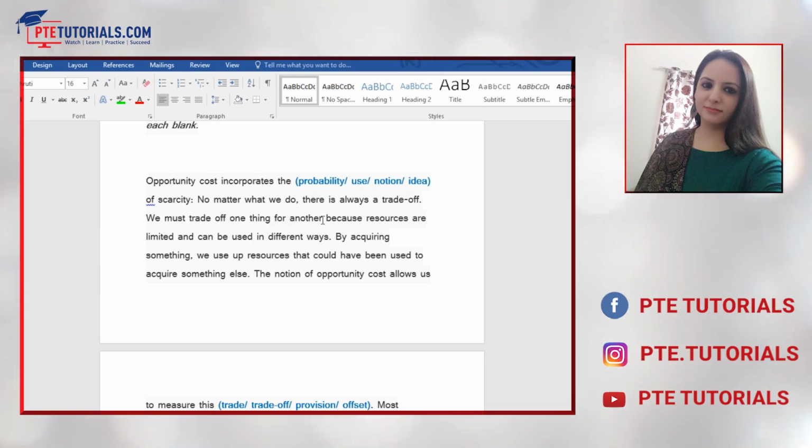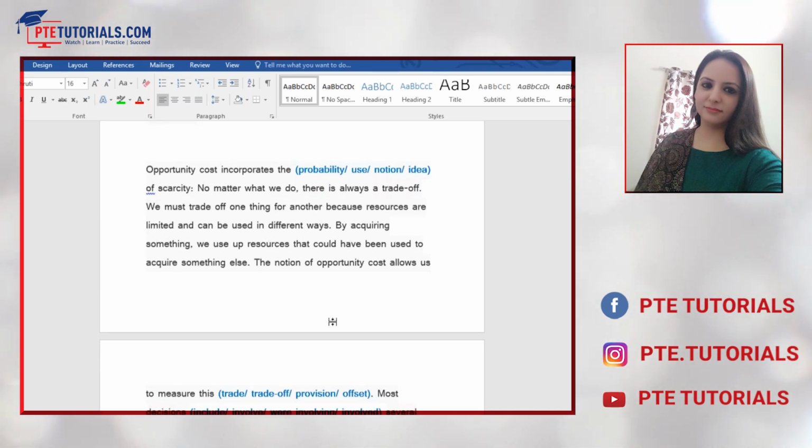We must trade off one thing for another because resources are limited and can be used in different ways. Okay, fine. After that, for this line, yes, telling me the notion of opportunity cost. And what was here? Opportunity cost. So I got the clue that here I should be choosing notion.